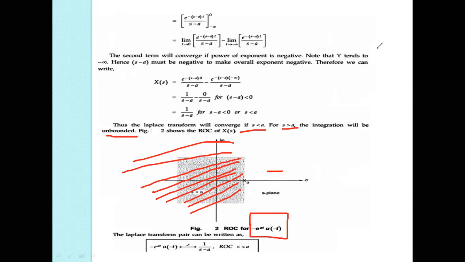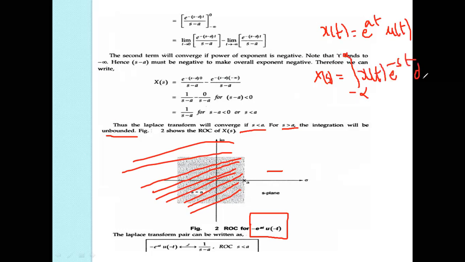What is the ROC? The difference here: if I explain, now I'm taking x of t equal to e power a t mu of t. X of s is equal to the integral from minus infinity to infinity of x of t e power minus st dt.